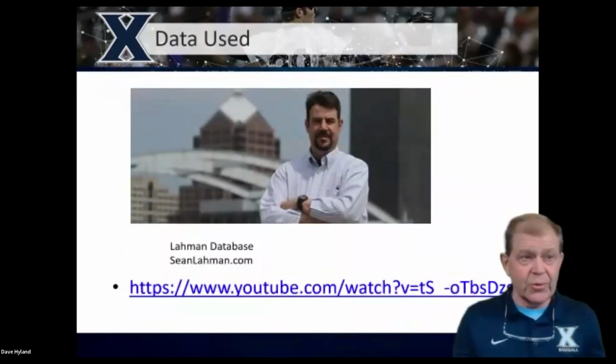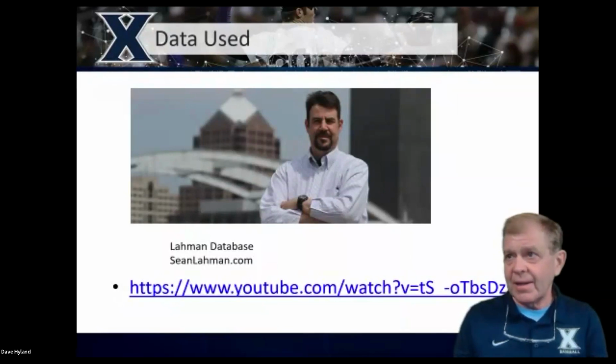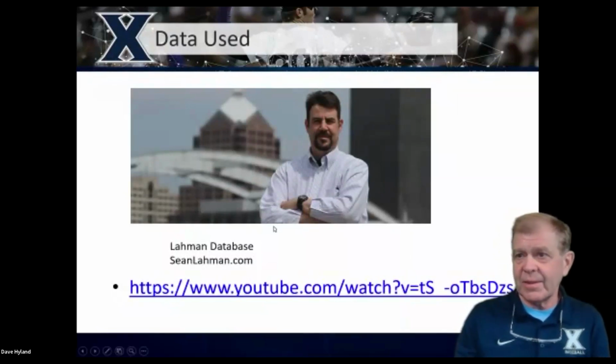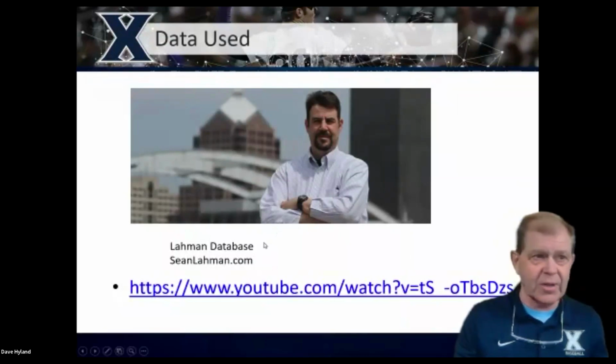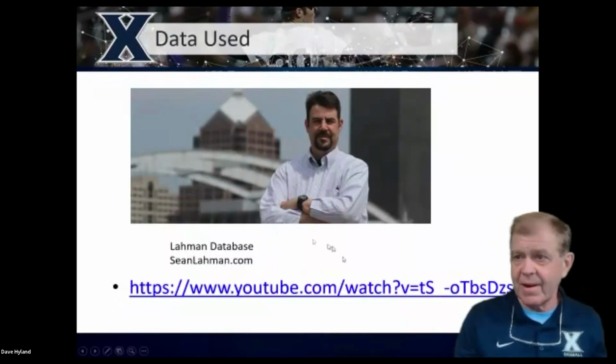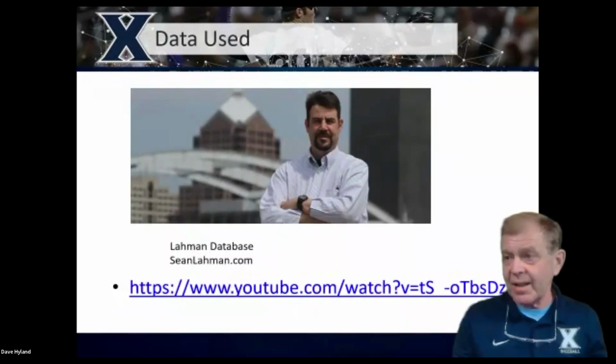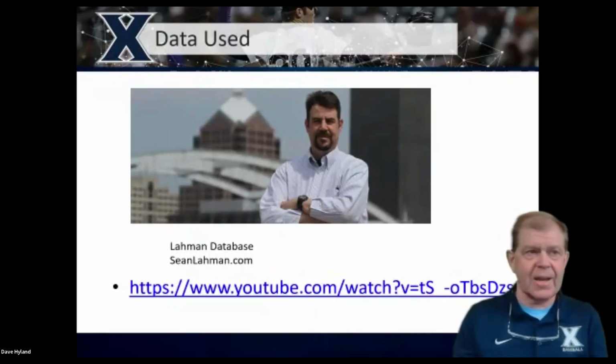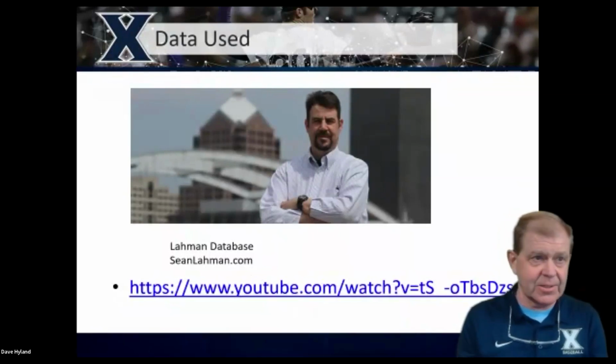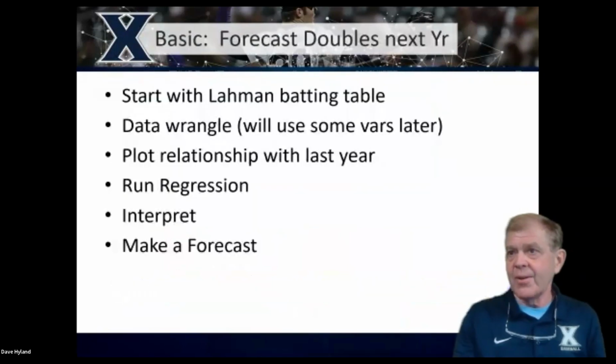So, like I said, if you were on earlier, Sean Lahman talked about the Lahman database. That's what we're going to use for all our forecasting here. I didn't realize he was on the conference program, so I've got a link here for last year's. I've seen several of his presentations. The data is fantastic. It's a great place to start doing this.